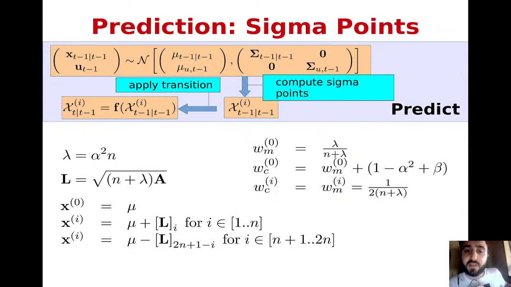So really easy. And I have 2n plus 1 of them, so if in this case the dimension of my Gaussian is 3 plus 2, so it's 5, I will actually have 11 sigma points, right? So then I have this set of guys, and these are the formulas that we saw before, right?